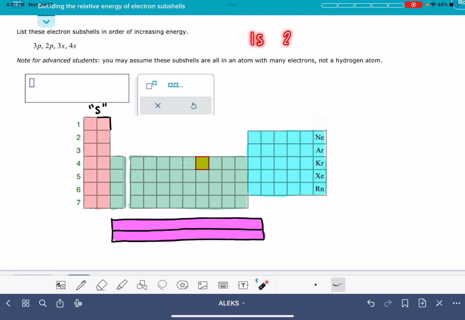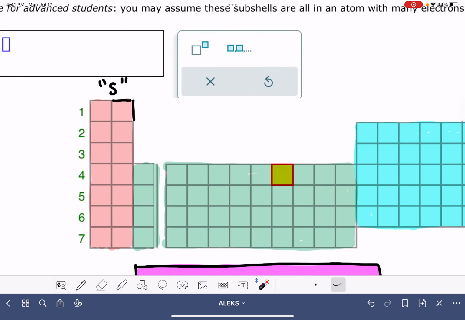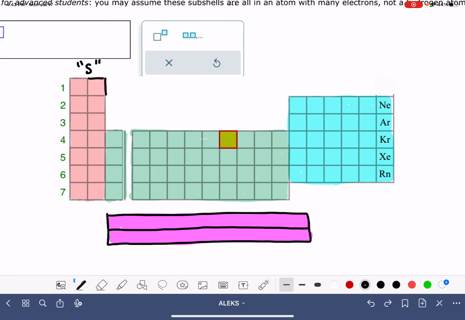They have principal quantum numbers associated with them: 1s, 2s, 3s, 4s, etc. That principal quantum number comes from the number of the horizontal row on the periodic table. So this area, which is in row number 1 and in the columns associated with the s orbitals, is the 1s area, and this is the 2s area, and this is the 3s area, etc. You get the idea. I'm going to number those more later.